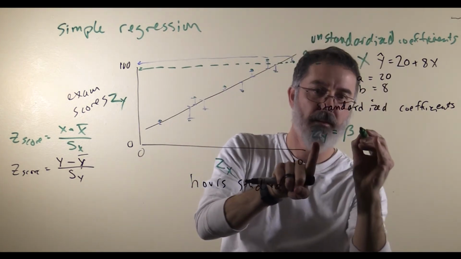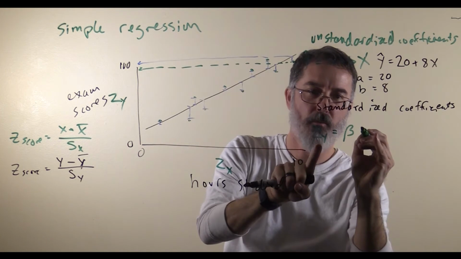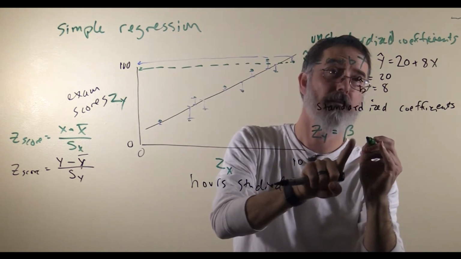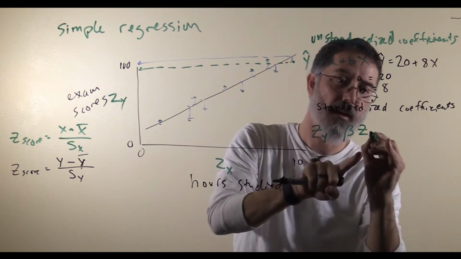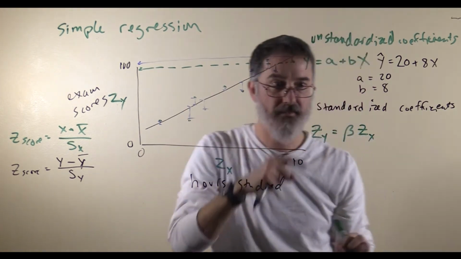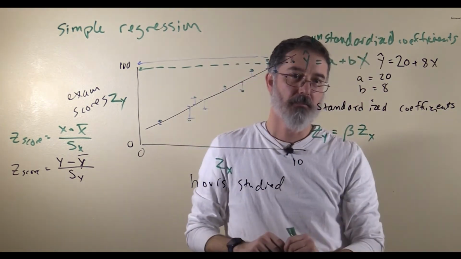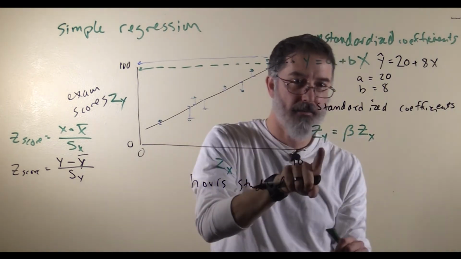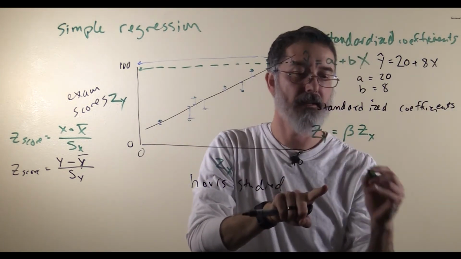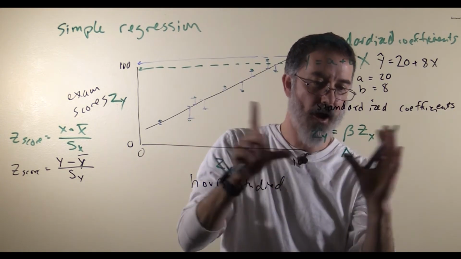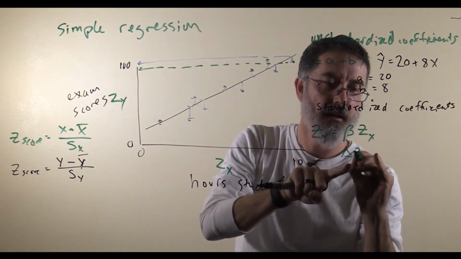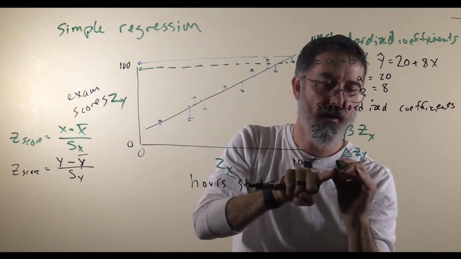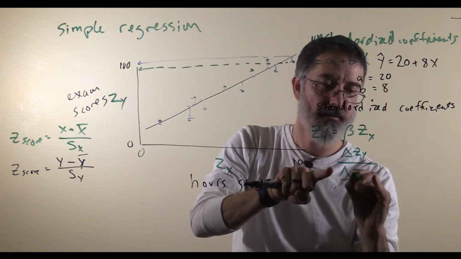All right, so here we have predicting the z-score for y with our standardized coefficient, and we need to plug in, rather than a raw x value, the z-score for our x value. So it's a slightly simplified formula. And so now what this beta is, is the rise over the run still. So it's the change in the z-score for y for each change in the z-score for x.